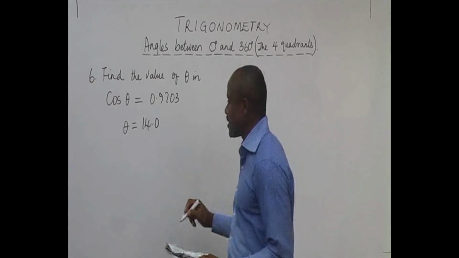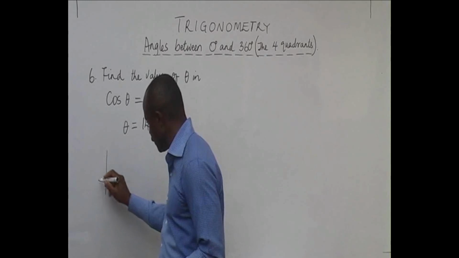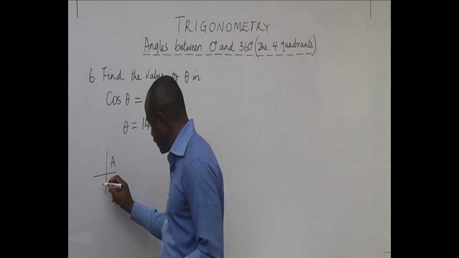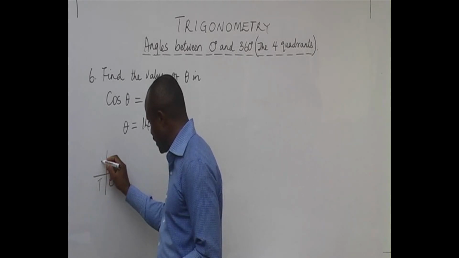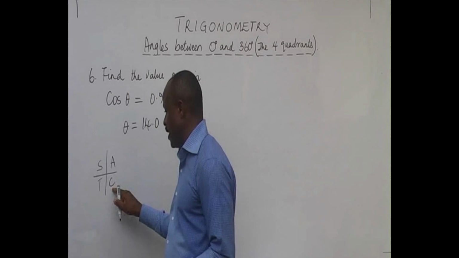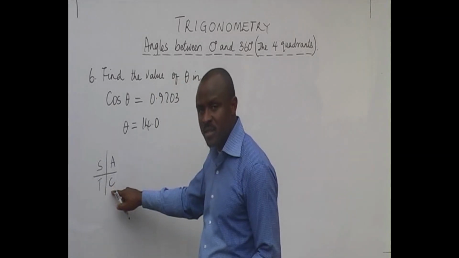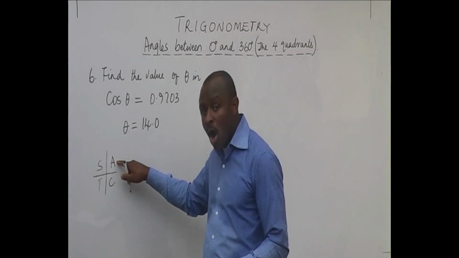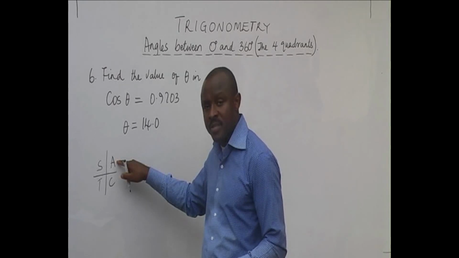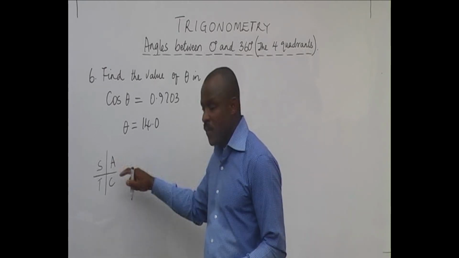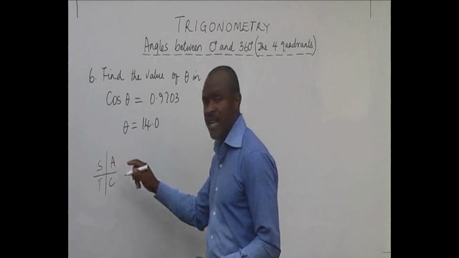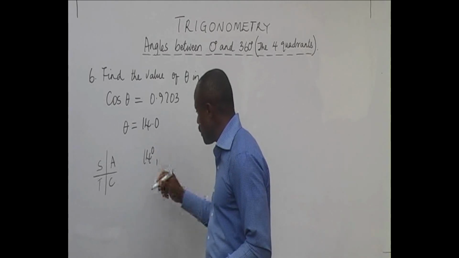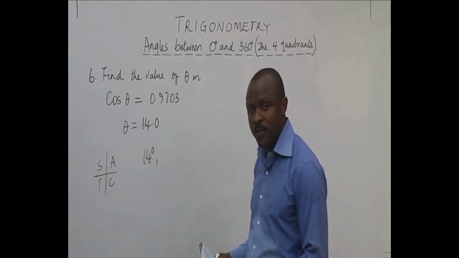You can see CAST: All, Sine, Tangent, Cosine. Cosine is positive in the fourth quadrant, and also in the first quadrant because all the trigonometrical ratios are positive in the first quadrant. That means the first quadrant has no law. 14 degrees is one of the values.